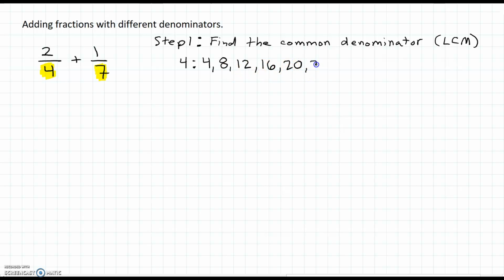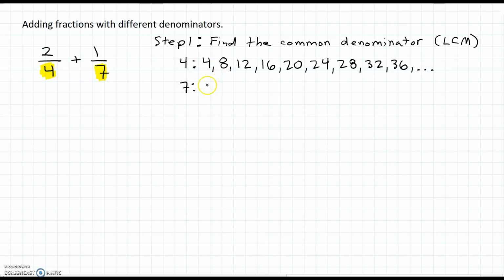4 times 6 is 24. 4 times 7 is 28. 4 times 8 is 32. 4 times 9 is 36. And we could go on forever, but let's stop there for now. Also, let's look at 7.